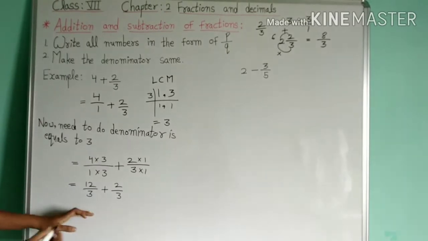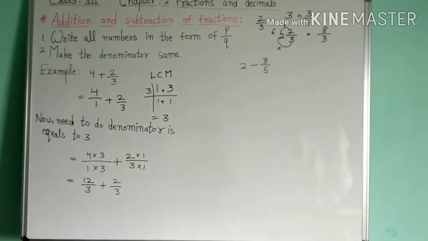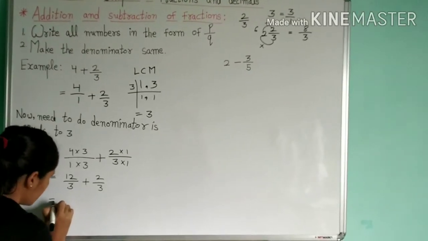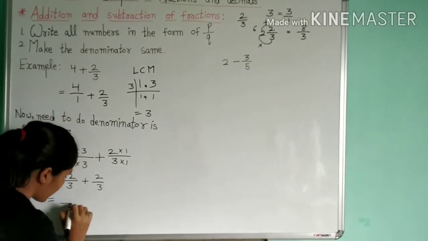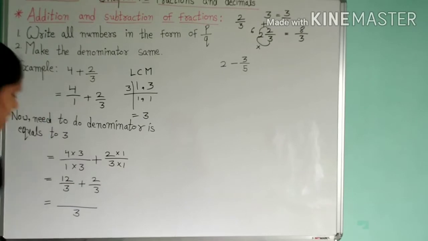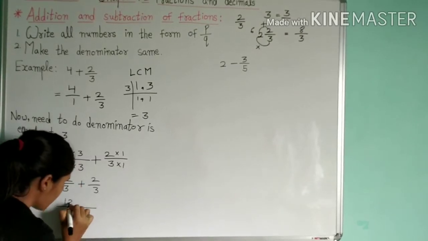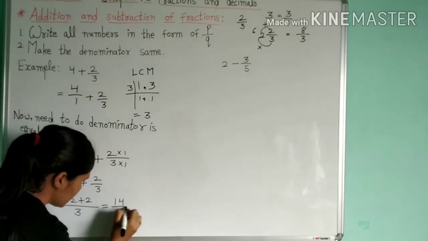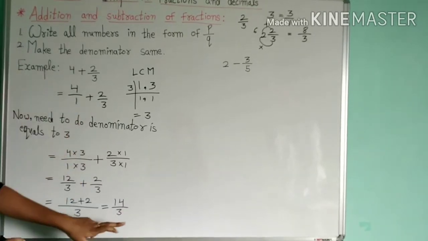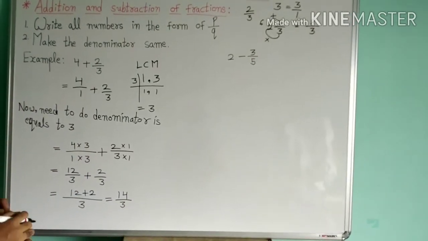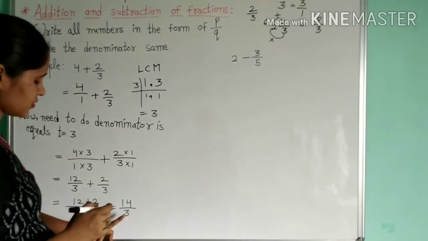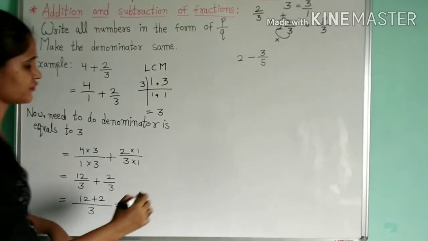Now see, our denominators are same. So now we will add these fractions. We write the denominator one time, then 12 plus 2. So that is 14 by 3. Now see, this is an improper fraction. So first we will convert it into a mixed fraction.